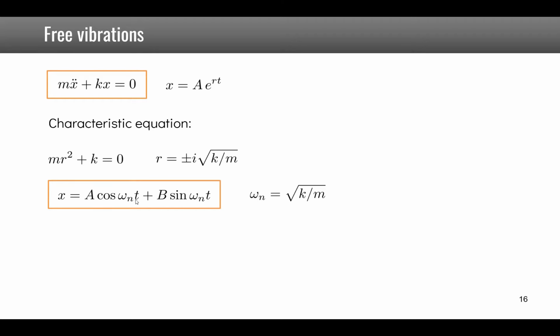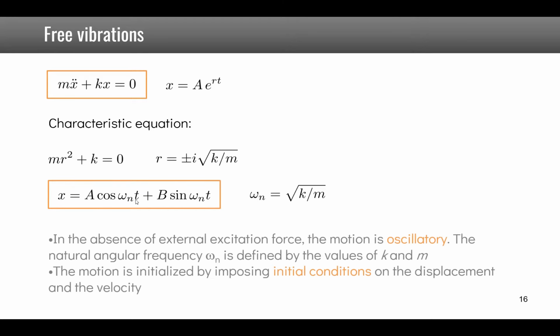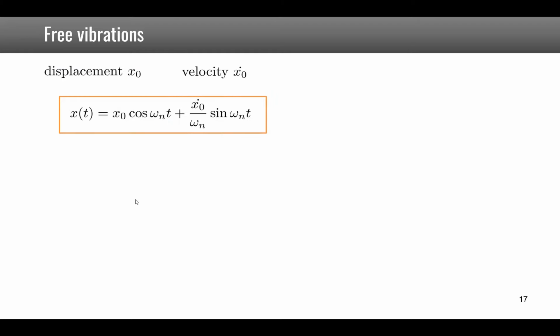The constants A and B are not known, and you need to give the system some initial conditions to know how the vibrations will be. These initial conditions are in the form of an initial displacement x0 and/or an initial velocity x dot 0. If you take these two into account, x of t is given by the expression here.